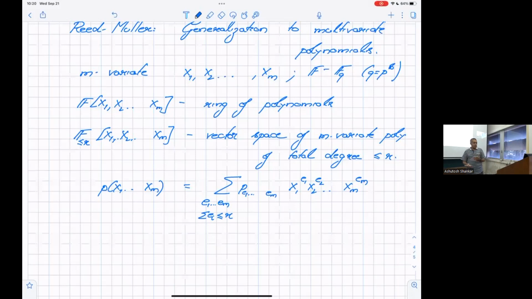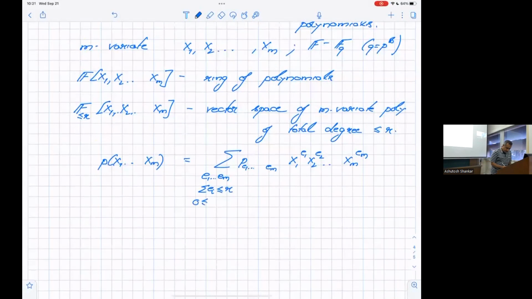I don't want that to happen. To prevent that, we will set each of the e_i to be less than or equal to q minus 1. So each e_i is going to be between 0 and q minus 1. Now at least two distinct polynomials will hopefully not have the same evaluation vectors. So this is what I mean by an M-variate polynomial of total degree r.